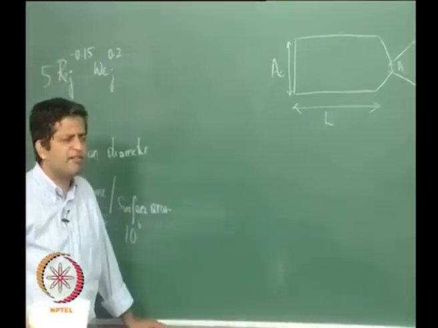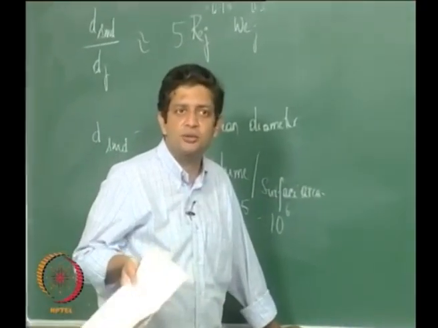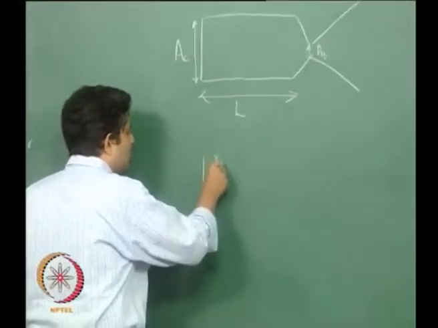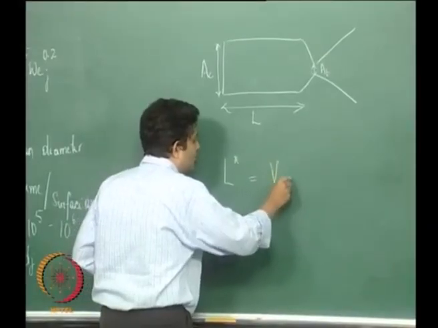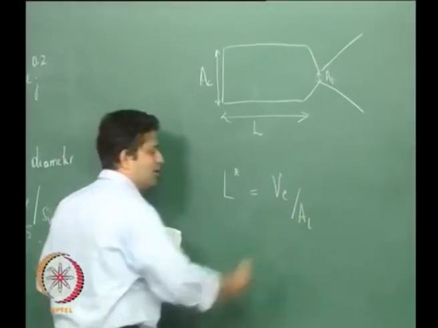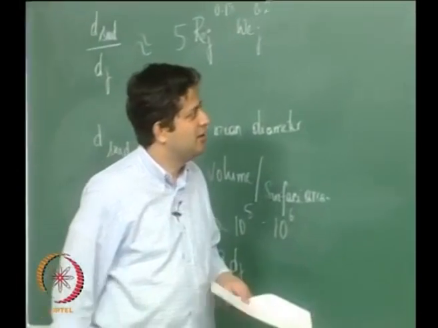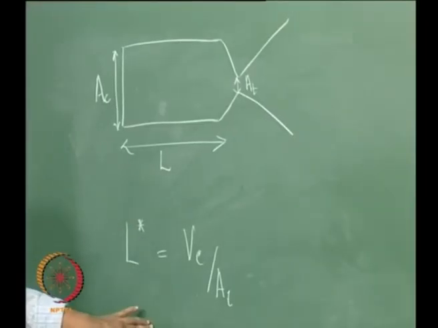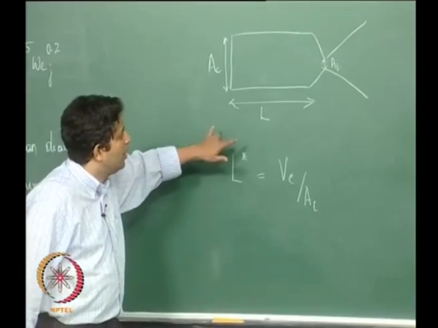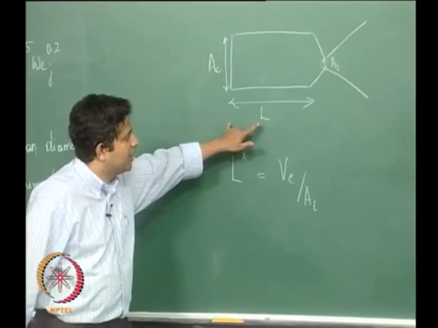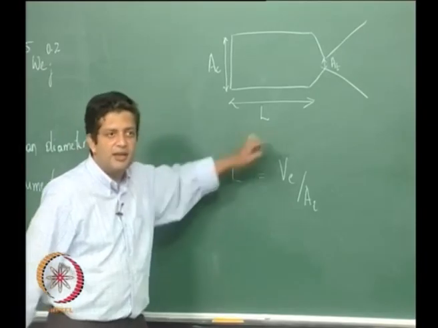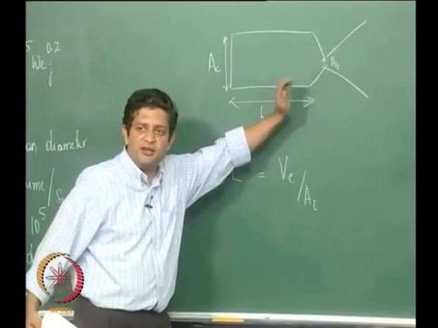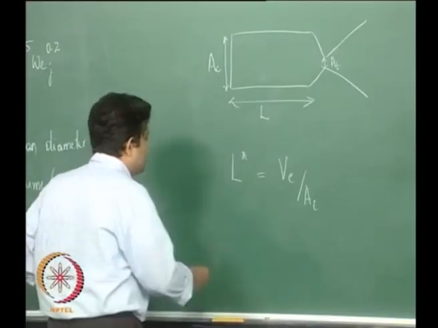If you remember, we had defined something called L star with respect to solid rockets, right. We had said L star is nothing but Vc by AT. So this L is very similar to this. Now one way to look at this L is the gases will have some mean velocity, let us call that u mean.